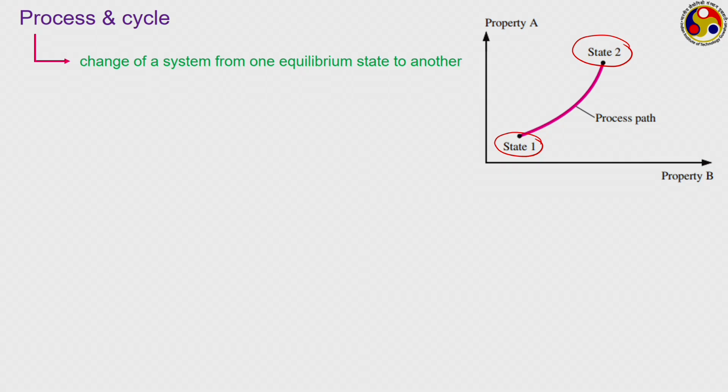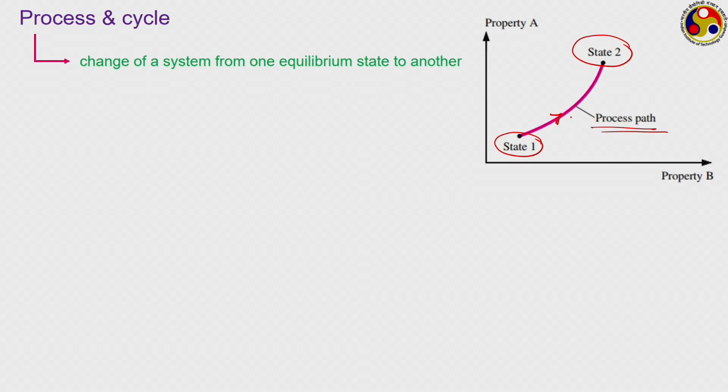So, whenever we are trying to represent a process on a property diagram, we generally have to specify three things. Number 1, the initial and final states, like the state 1 and state 2 points shown here. Number 2, the process path, the pink line, that is how the initial and final states are connected in terms of the two properties which we have selected as axes. And third, which is not shown in the diagram, is the direction.